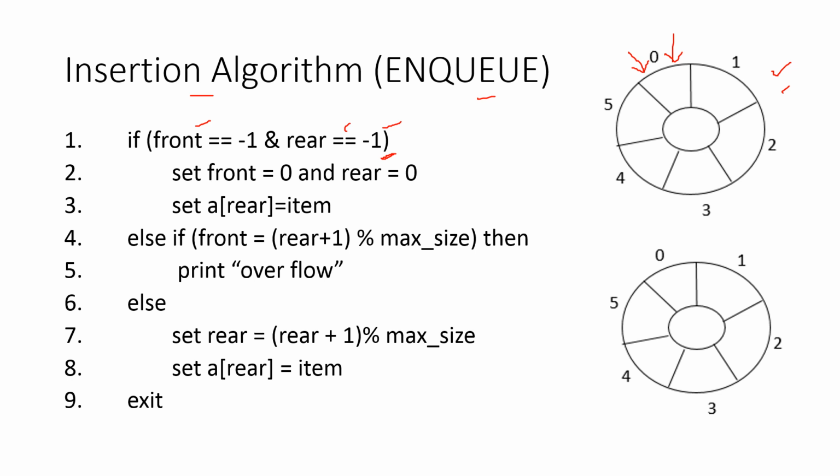So set front equal to 0 and rear equal to 0, and then in that location we enter the item. Set A of rear is equal to item.